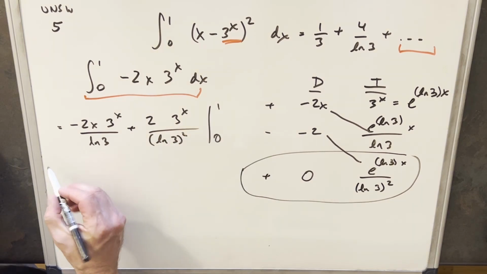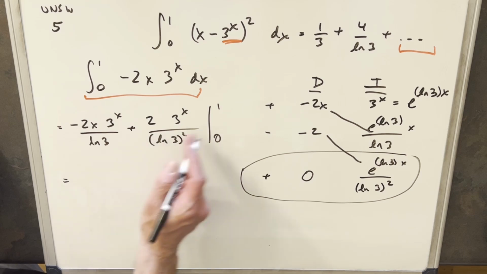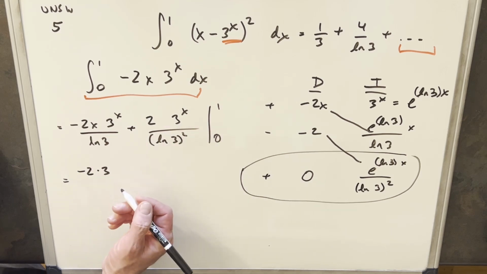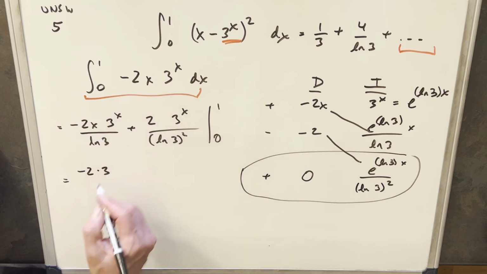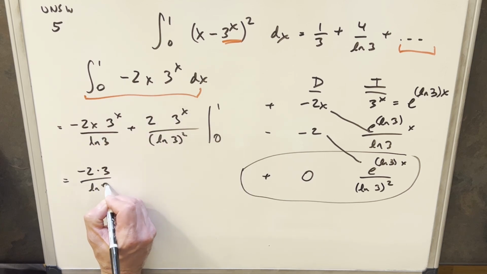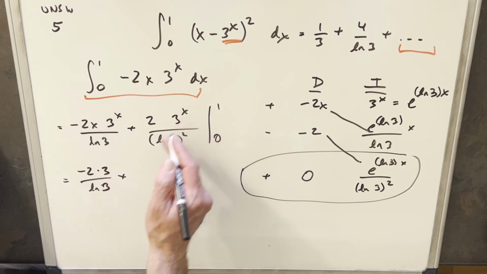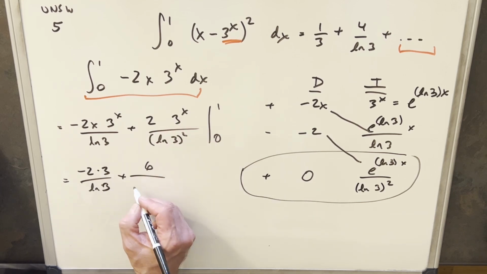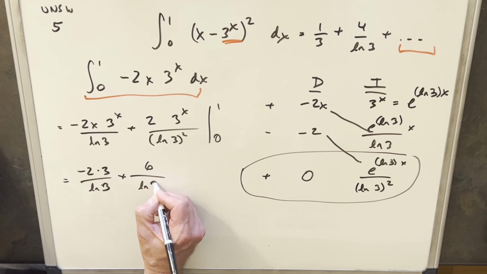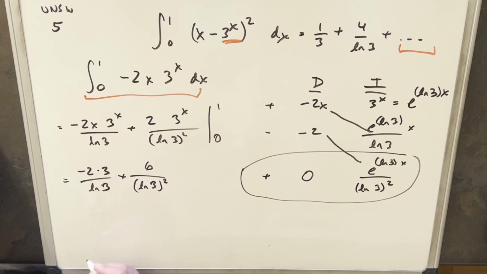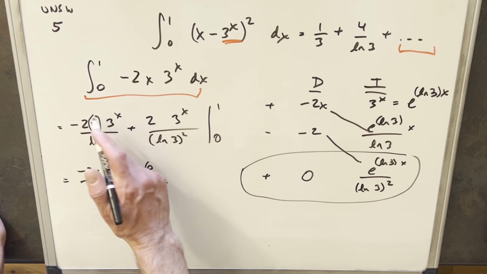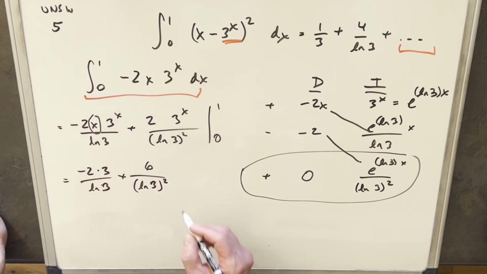Now we just need to evaluate carefully with everything going on. So we plug a 1 in. I'm going to have minus 2 times 3, because 3 to the 1 is just 3, over ln 3. And then here, again, 2 times 3, I'm just going to write that as 6, over ln 3 squared. Next, when we evaluate at 0, we have this x term, so plugging a 0 in, the first piece is going to be 0.